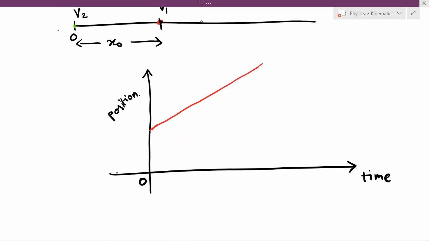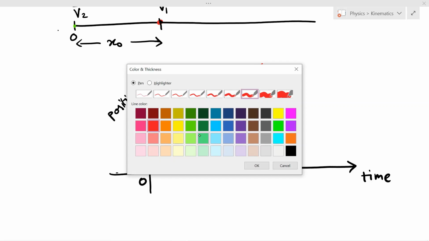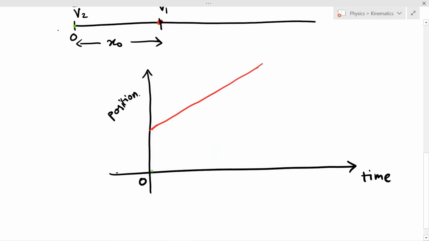Now for the green one, I will choose the green color, and at time t equal to 0, the green object was at origin, so at this position. But the red object was at some position, let's say this is x0, at time t equal to 0. Now the magnitude of velocity v2 is greater than the magnitude of velocity v1 bar, so its slope will be more, and hence it will be somewhat like this.